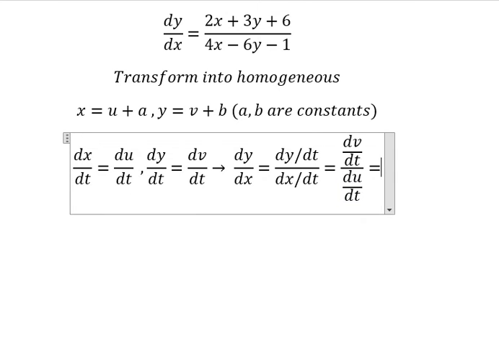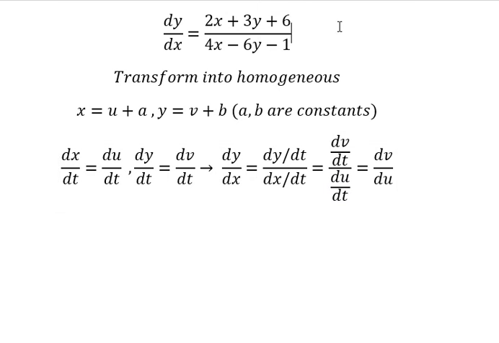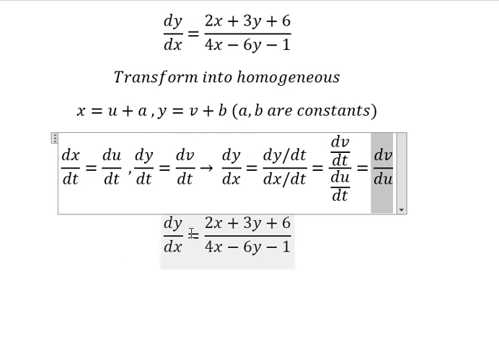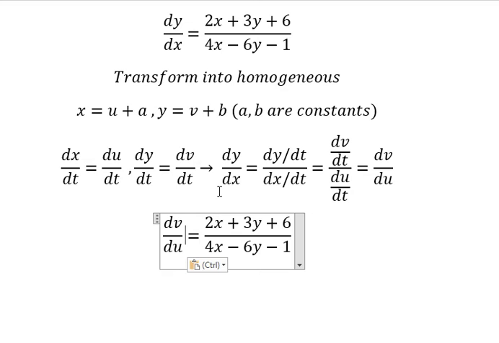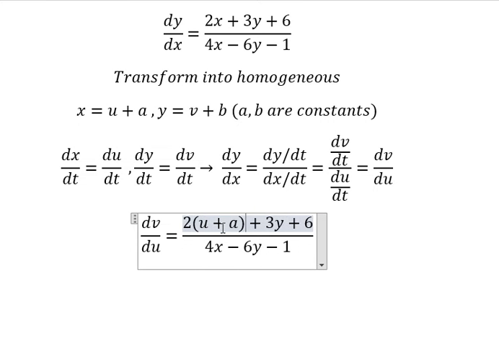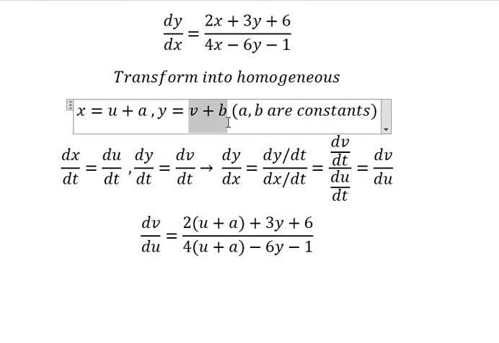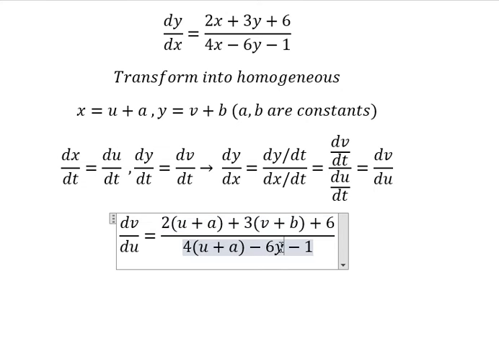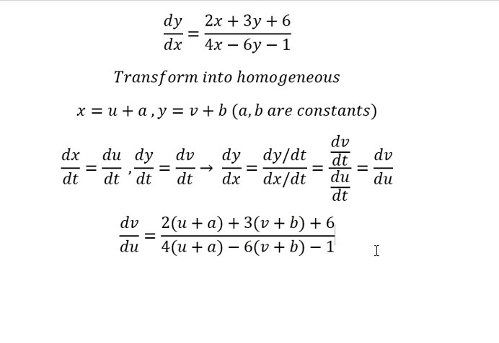So we simplify. So dy over ds we change by this one. S we change by this one. Y we change by this one. And now we need to expand.